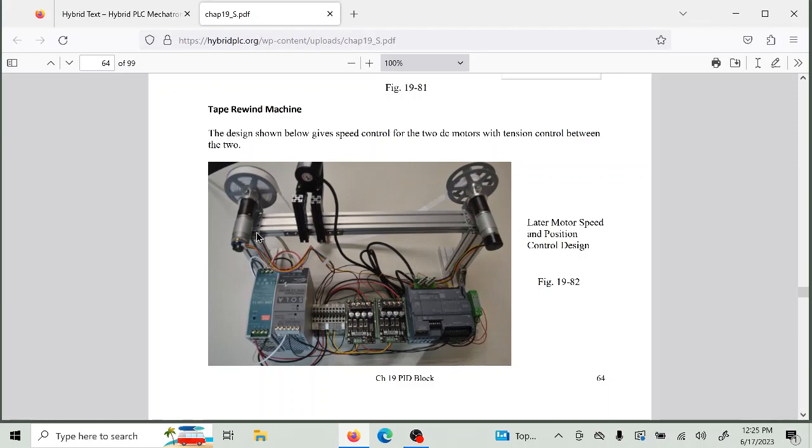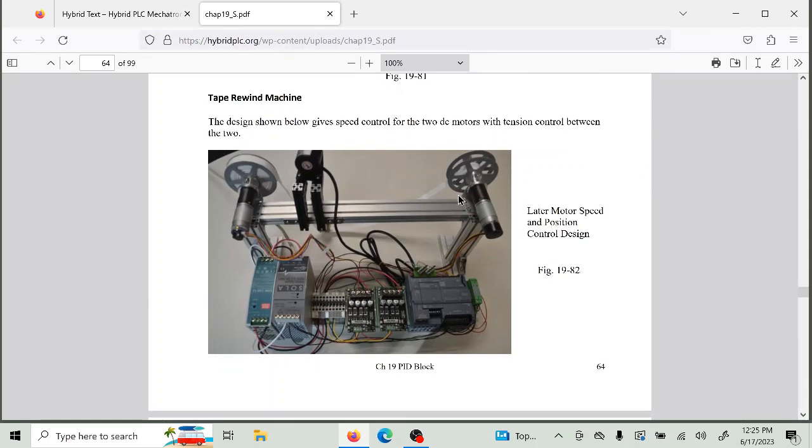This is one of the good uses of 80/20, and we used it a lot to mount this and put this together. This is two PID algorithms. In other words, we control the speed here, we control the speed here, and we also use this to control the tension between the two so that we have a constant tension on the take-up side.